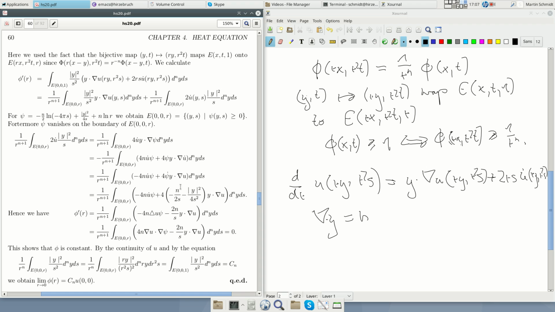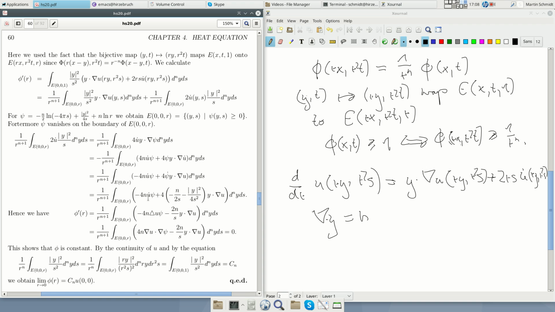But here we have a minus, so this term now cancels with this term. Here this is completely the same. So we insert this integral here, and then this cancels with this term. And what remains? It remains this term.